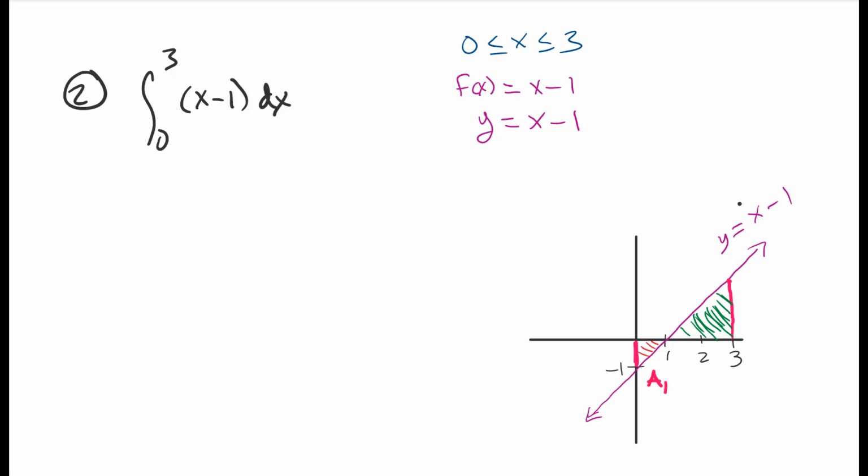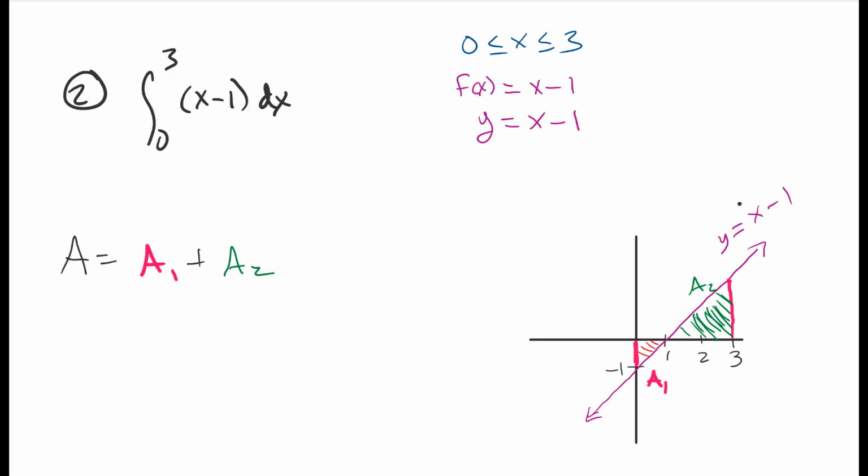Let's call this one down here A1, and we'll call this one up here A2. And our total area will equal A1 plus A2. So we have to find the area of triangles.